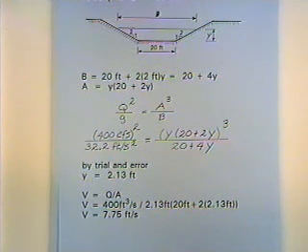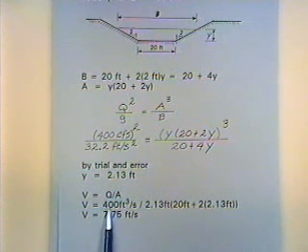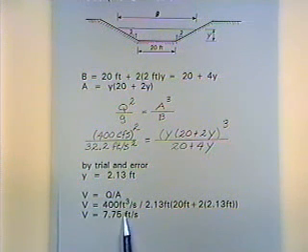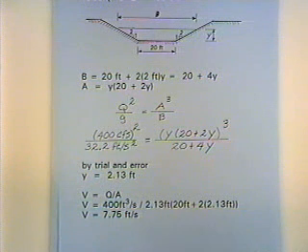And the problem statement also asks for the velocity, so recognizing that the velocity is the discharge divided by the area, we can plug in the volumetric flow rate that's given, and then the expression for the area, plug in the 2.13 feet and get the critical velocity, 7.75 feet per second.